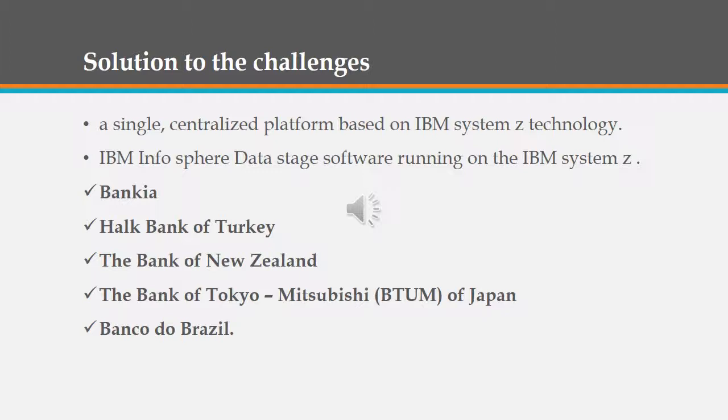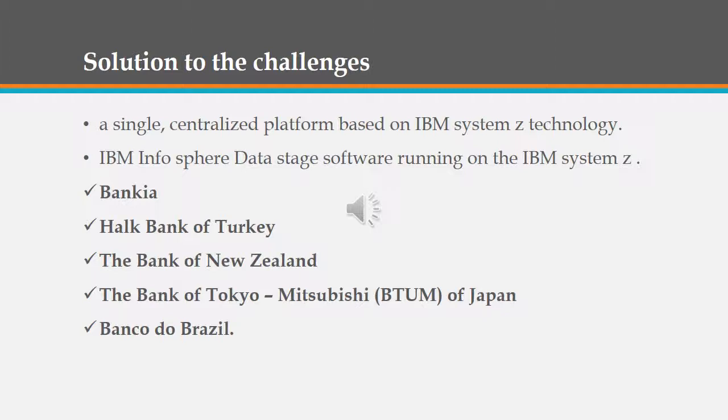So here is the solution to the problem of migration, or the challenges of migration. IT teams in various banks have decided to integrate their information resources to a single centralized platform based on the IBM System Z technology. Those banks are listed below: Bank of Brazil, Bank of Turkey, Bank of New Zealand, and Bankia.